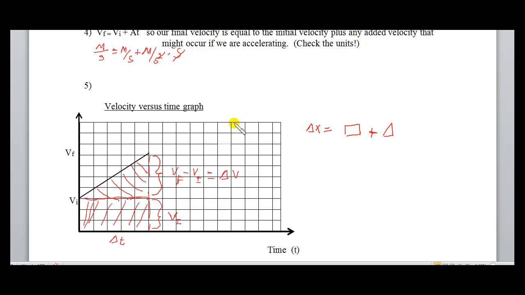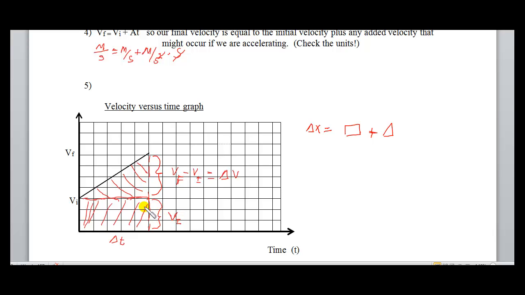So here's what we have. For the rectangle, we have the base as being a certain time interval, which we're going to call delta t. We have the height of my rectangle being the same as the initial velocity v sub i. In other words, it went from 0 to some initial velocity, so that's the height. We're just going to use these variables.